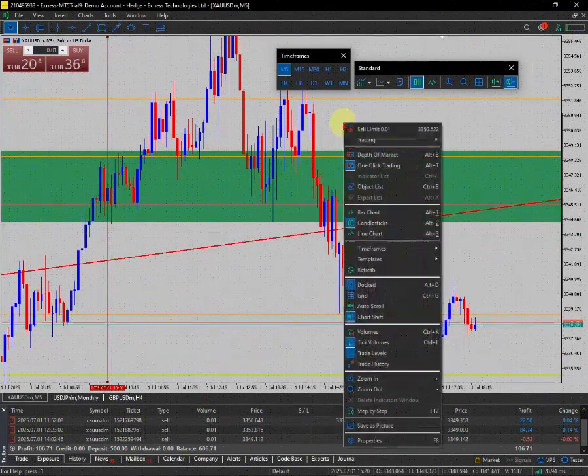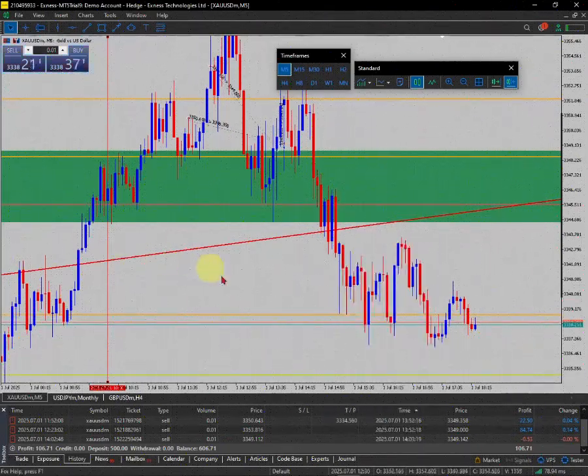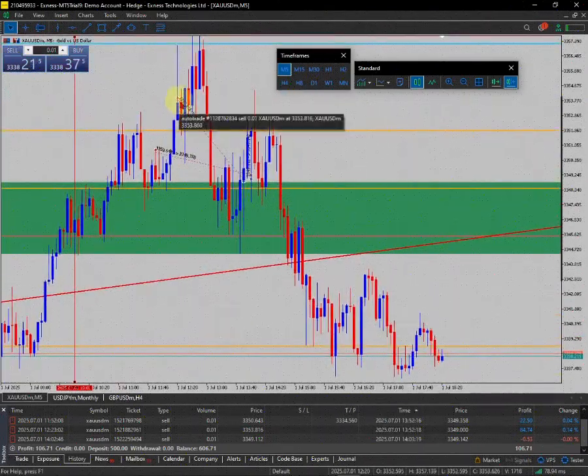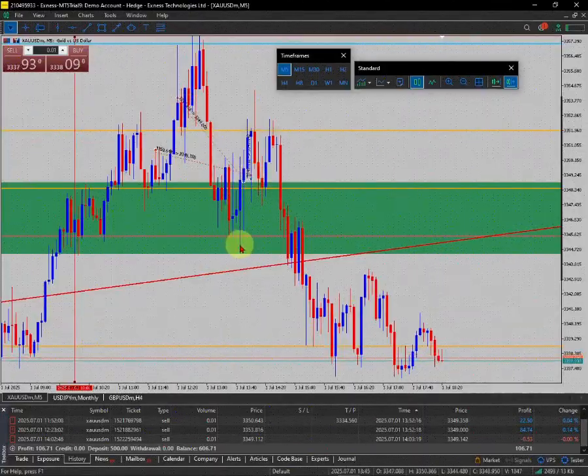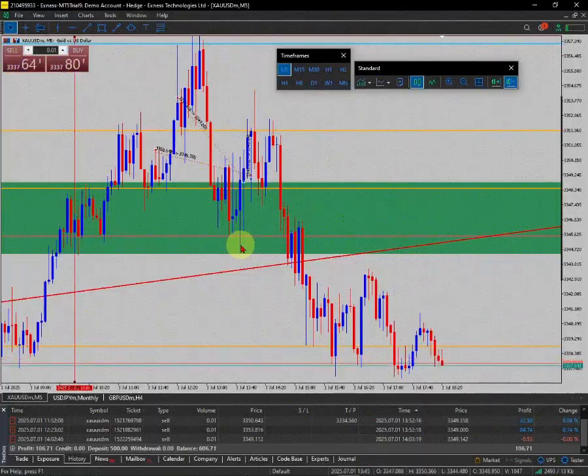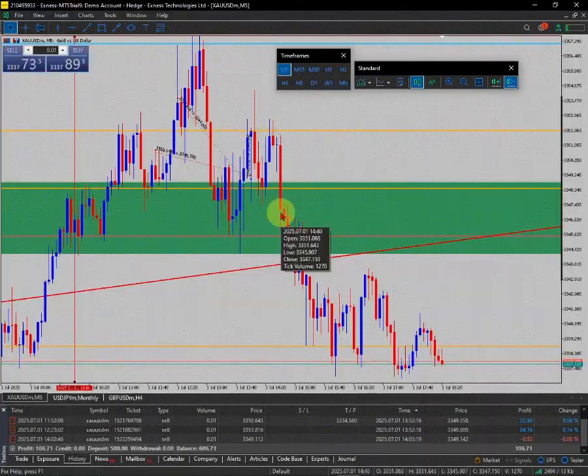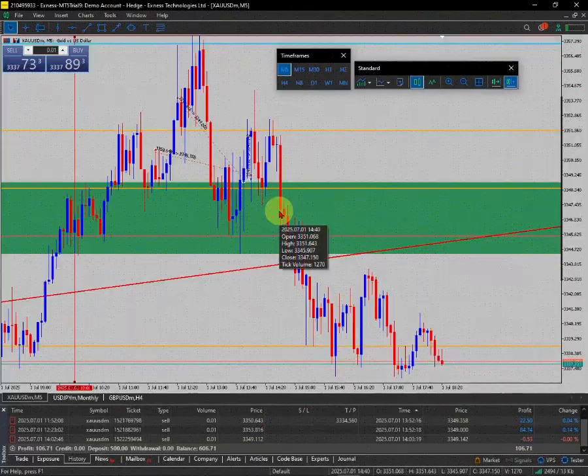Okay, let me show you my history through the charts. As you can see, I entered here and then took the trade right here, which I should have taken right here, but I didn't. I was hoping for it to go down, which eventually it did.